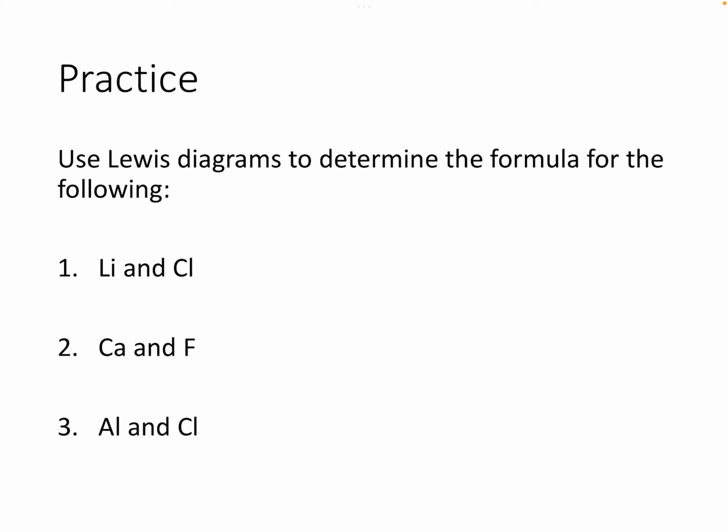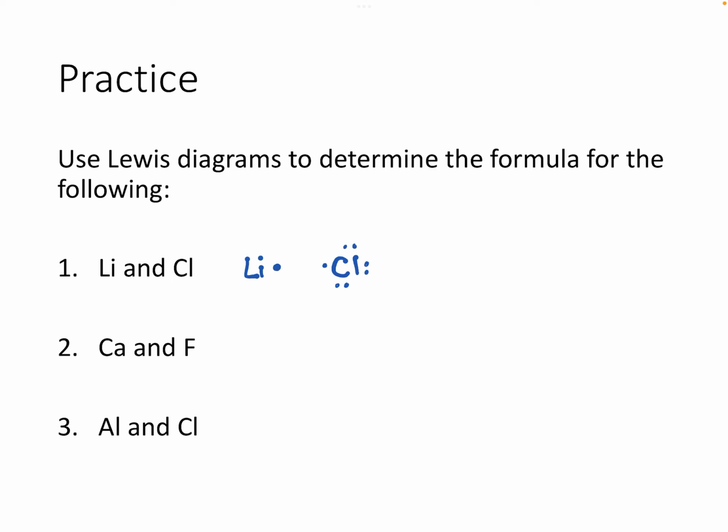So if we look at lithium, remember, it was in group 1 of the periodic table. So it has 1 valence electron. And then chlorine was in group 7 of the periodic table. So it has 1, 2, 3, 4, 5, 6, 7 valence electrons.